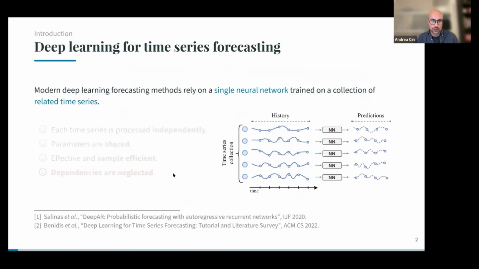So the standard deep learning approach over the years to process time series, in particular to forecast time series, has been that of training a single neural network on a large collection of these related time series. Within this framework, each time series is processed independently from the others, while the parameters of the model are shared.